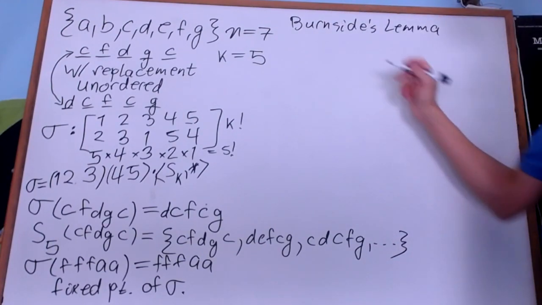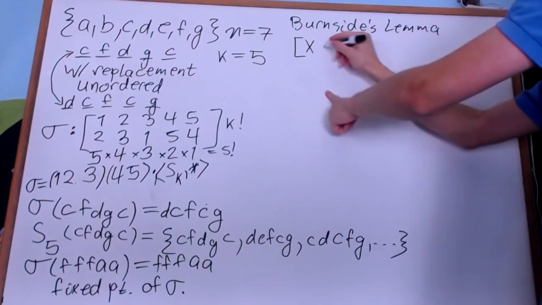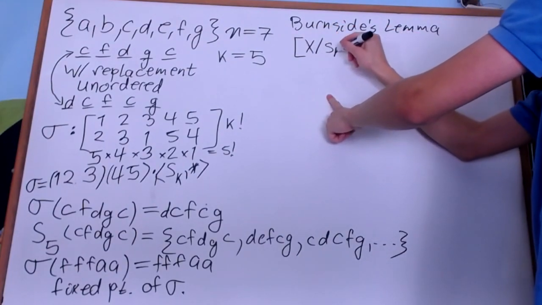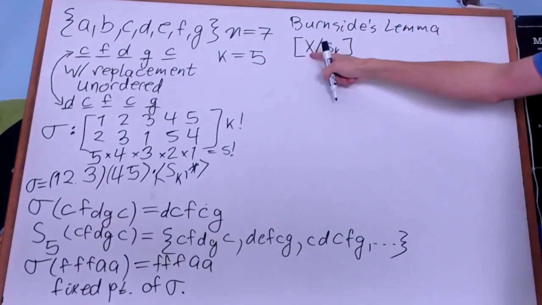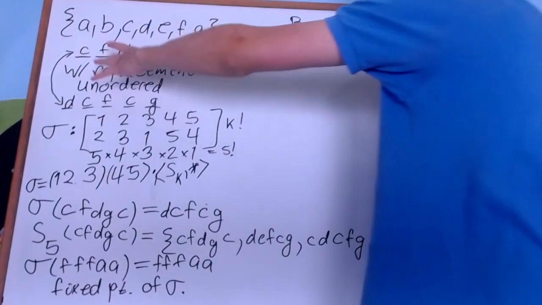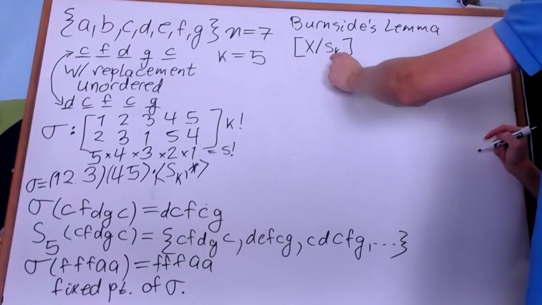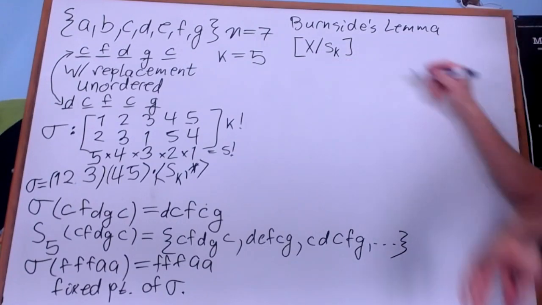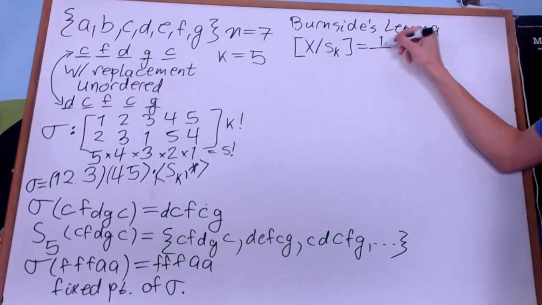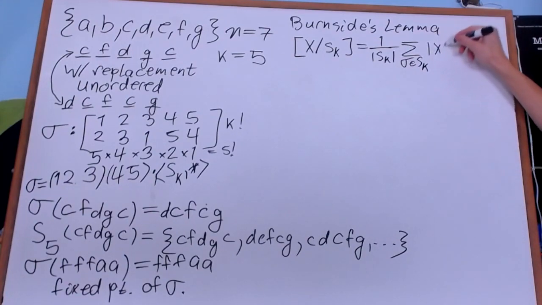Burnside's lemma basically says that the number of orbits, which I'll represent by bracket X divided by S_k, where k is the length of this string that we're choosing, and X is just the set of all of these strings, right? So I'm doing this set X, all of our strings, under orbits by the permutations. So the number of orbits is equal to 1 over the number of permutations times the sum, for all permutations, of their number of fixed points.